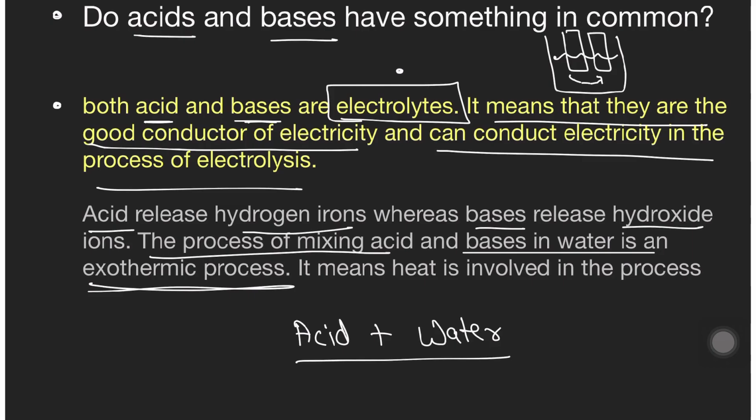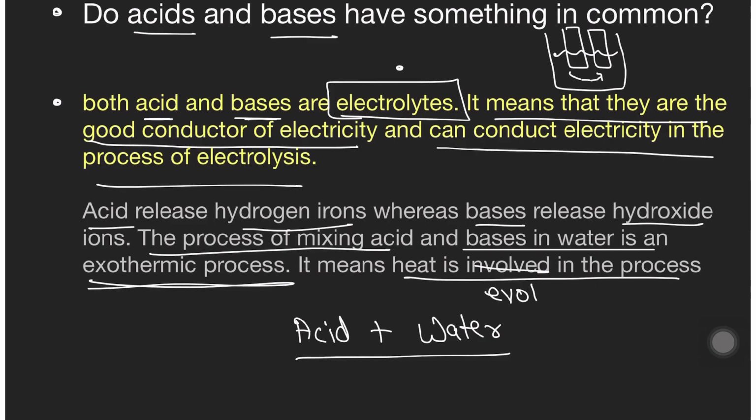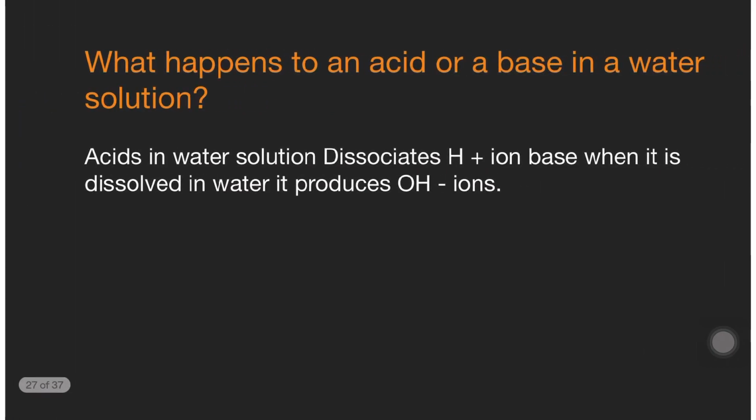Apart from that, it is a kind of exothermic reaction. What is exothermic? It is one in which heat is evolved, right? It is not involved, the heat is evolved in the process, right? The heat will come out of that.